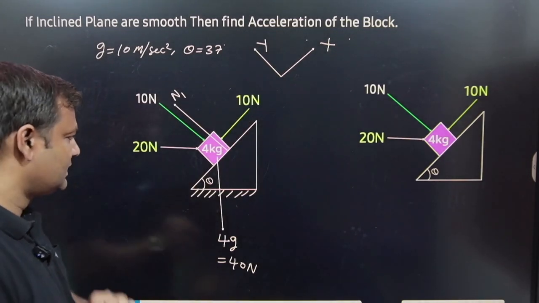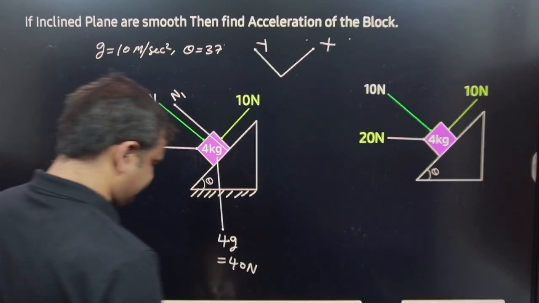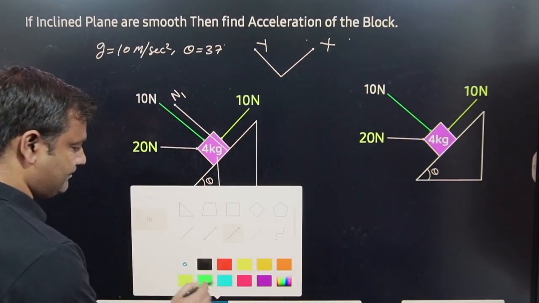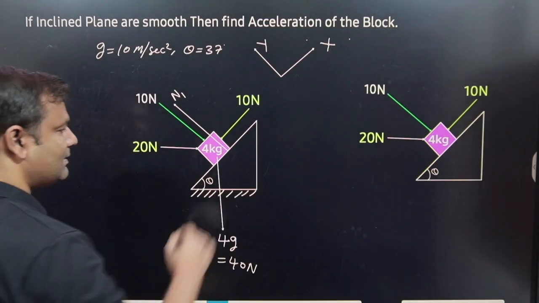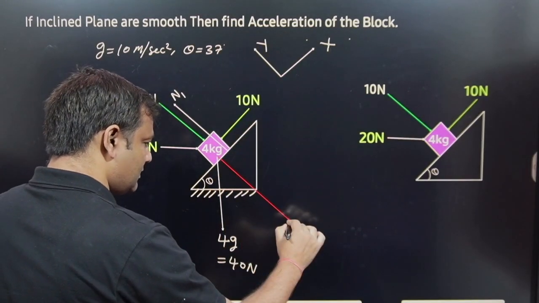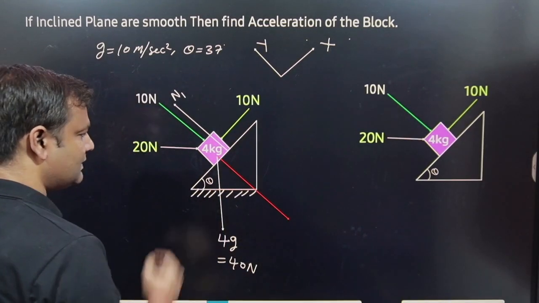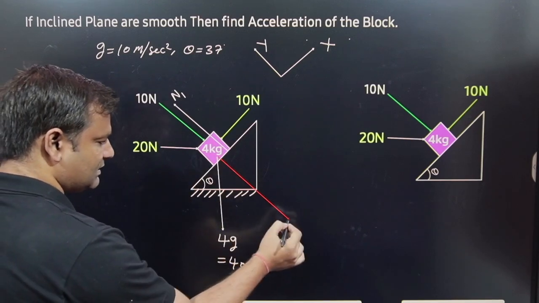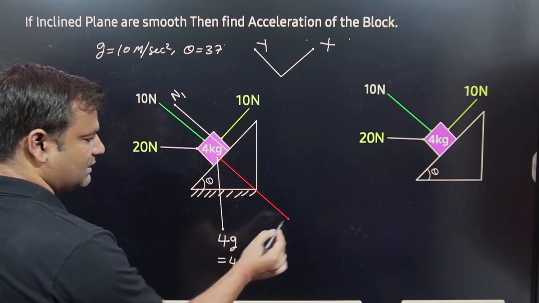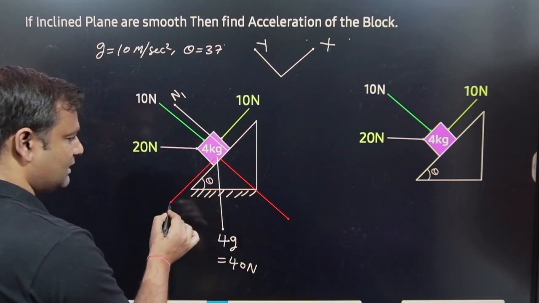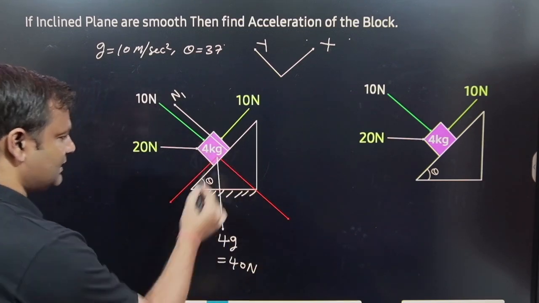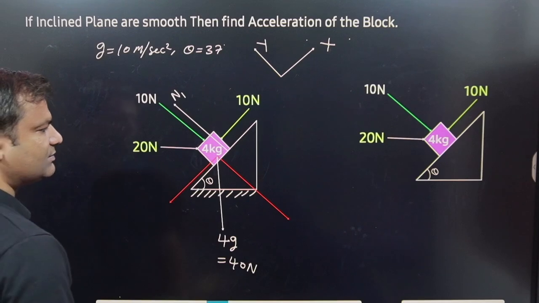How can we resolve? Simply look here very carefully. Here the 40 Newton is resolved into components along the Y direction and the X direction.